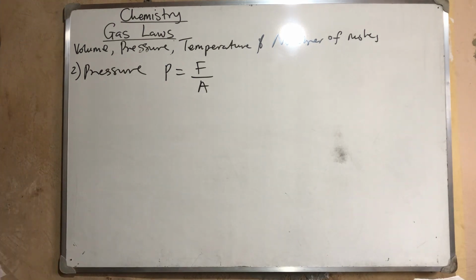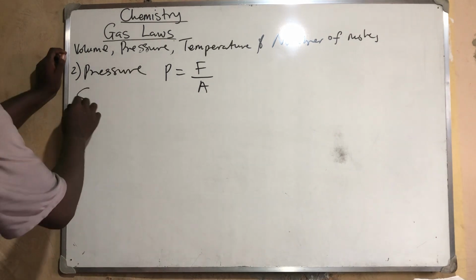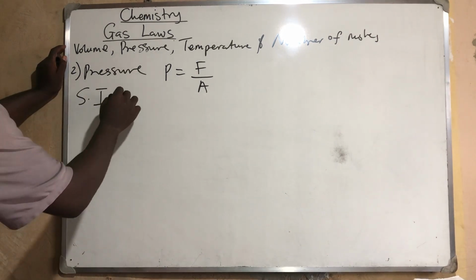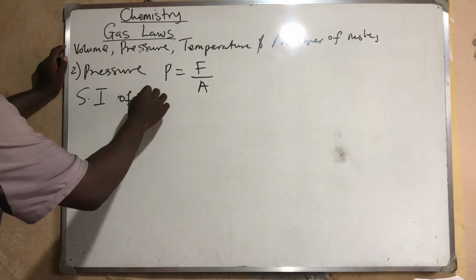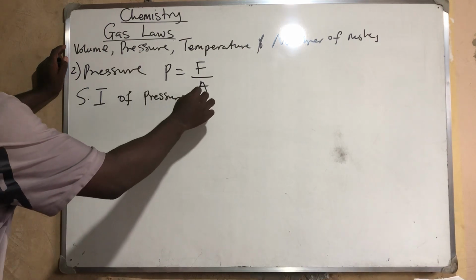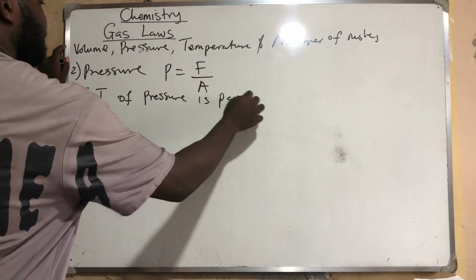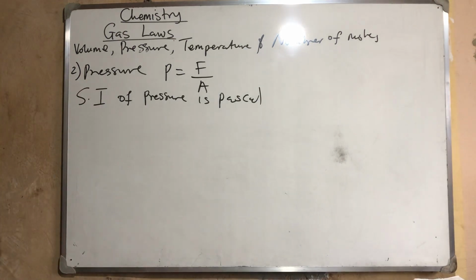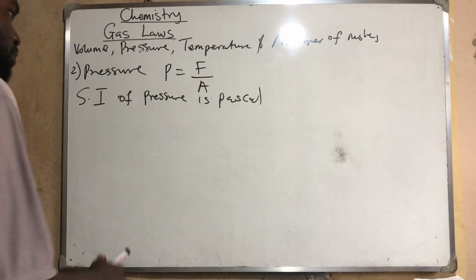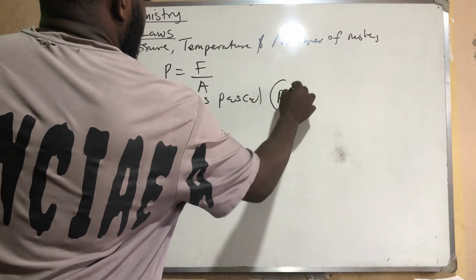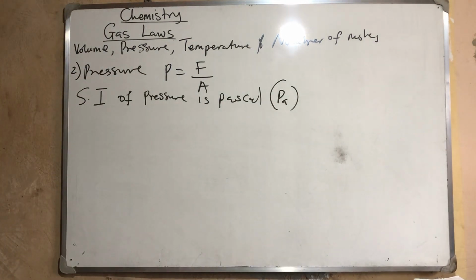The SI unit of pressure is the Pascal, named after the man who studied pressure. We write it as Pa.